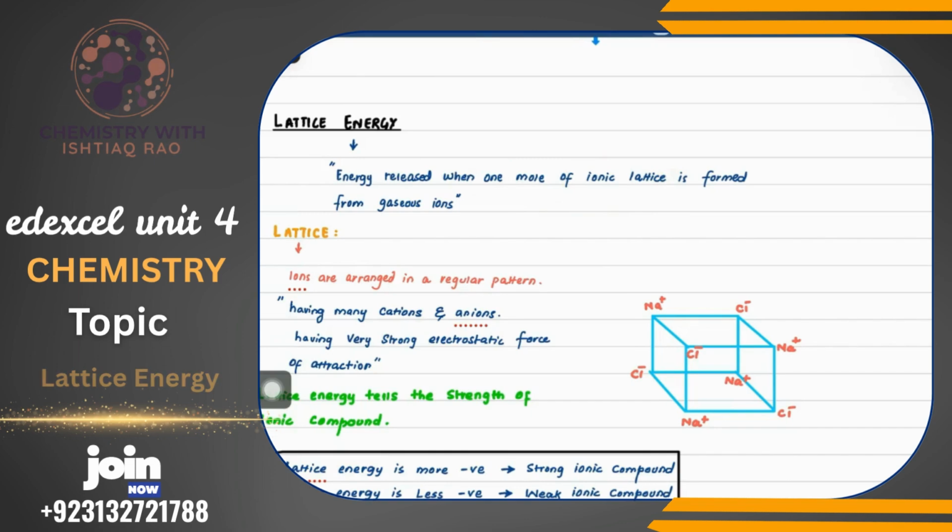And when we are going to form 1 mole of ionic lattice like this structure, I need to have oppositely charged ions. Like in this case, I am going to form sodium chloride, but it doesn't mean that that ionic compound is only sodium chloride. No, it may be magnesium chloride, calcium oxide, magnesium oxide, aluminium oxide, magnesium nitride, isn't it?